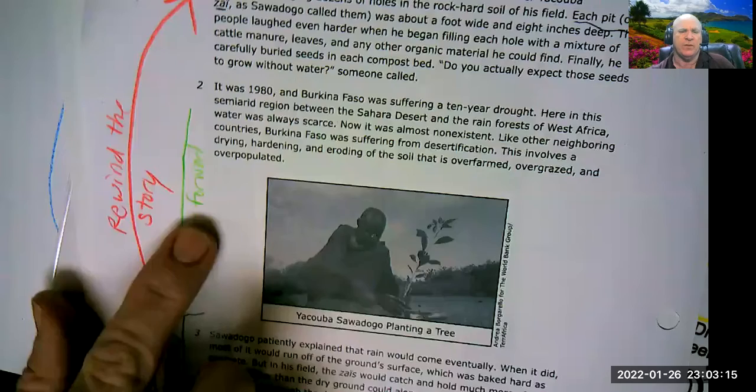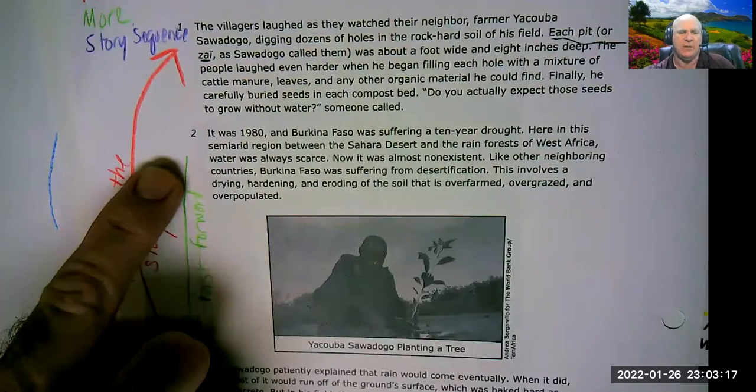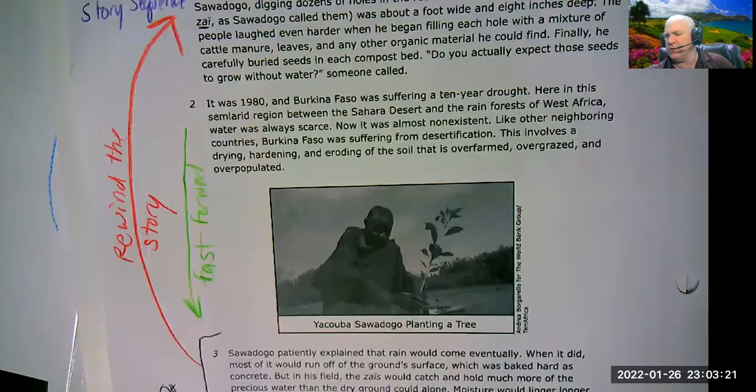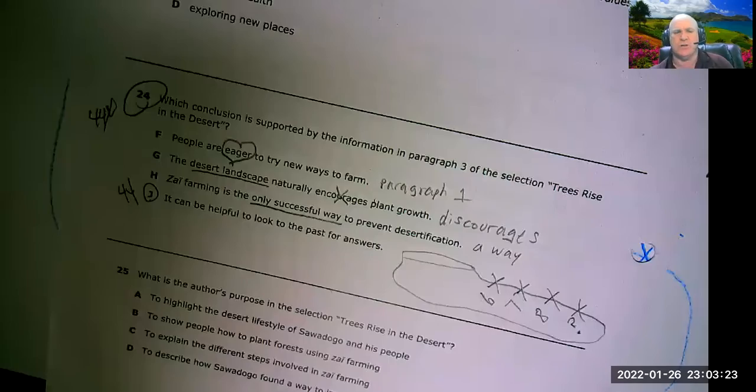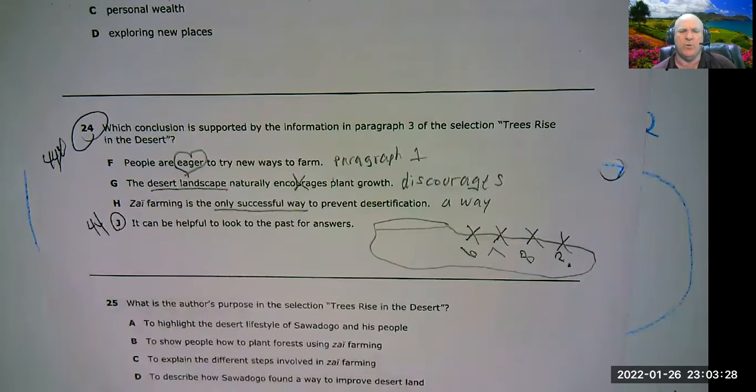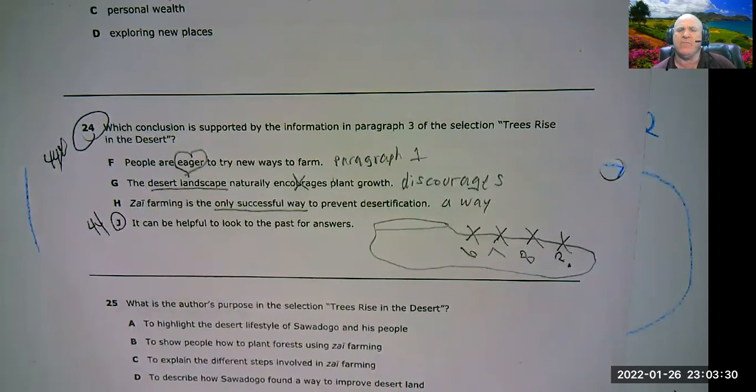And so think of red as rewinding and green as fast forwarding. So let's take a look real quick at the question in question. Which conclusion is supported by the information in paragraph 3 of the selection, Trees Rise in the Desert?